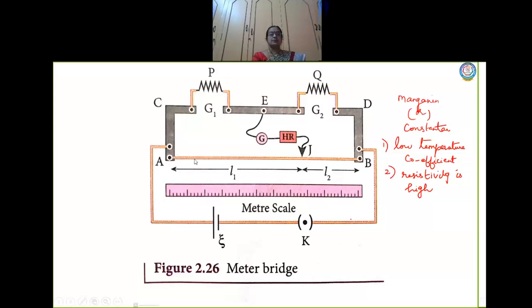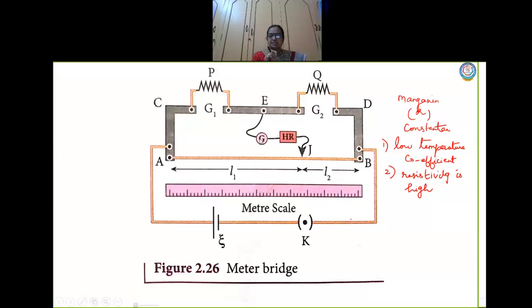When you start moving the jockey, as it slides over the wire, there will be a deflection in the galvanometer showing the presence of current, but at a particular point, say if the jockey is at this point, the galvanometer will show zero deflection.